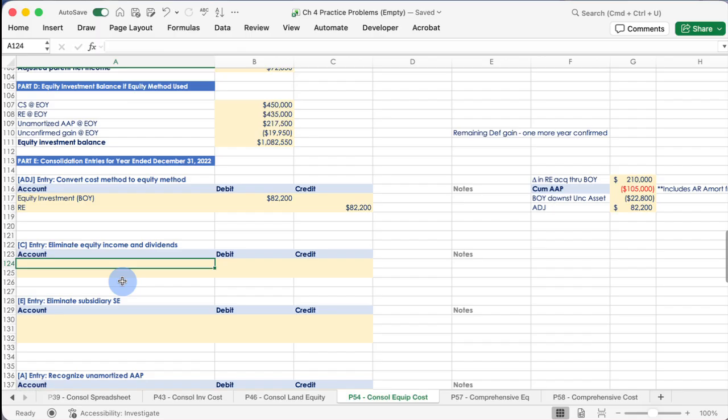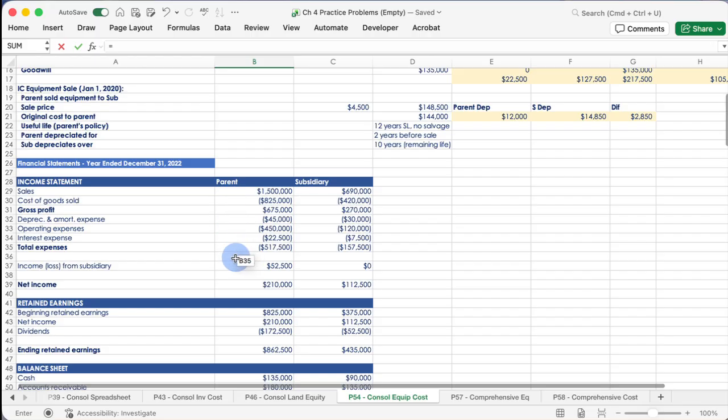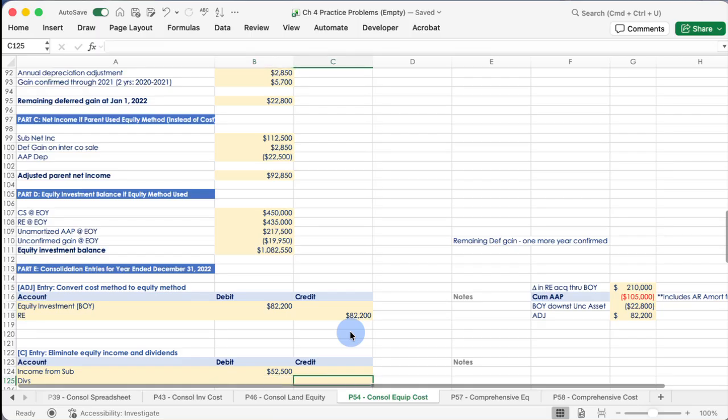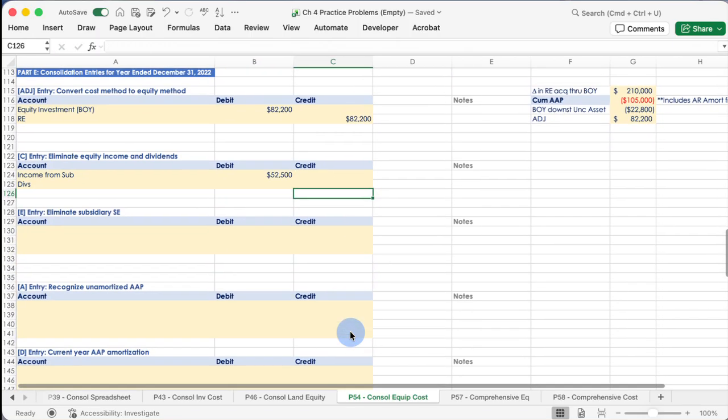So on our C entry, we need to eliminate both the income from our subsidiary and the dividends. And when we come up, we'll see this income from subsidiary 52,000 matching with the dividends 52,500. So that's taken care of.